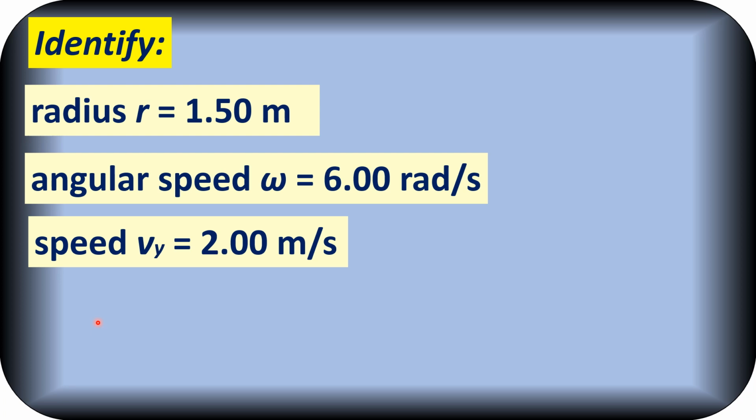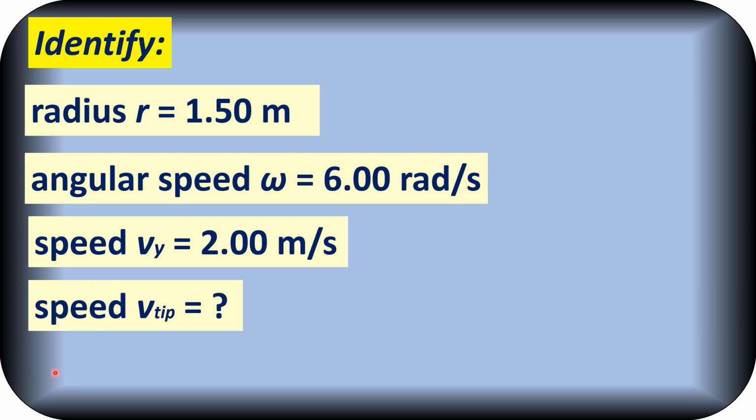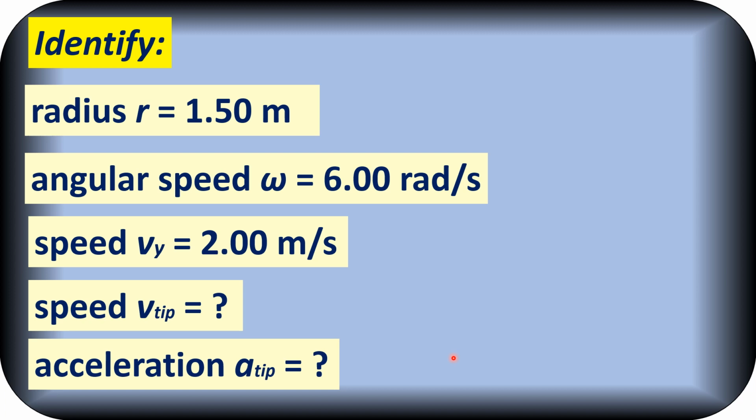Our target variables are the speed v sub tip. So v sub tip is actually the vector sum of the tangential velocity and v sub y, the vertical velocity of the hammer. We also would like to determine the linear acceleration of the tip of the hammer, denoted by a sub tip.